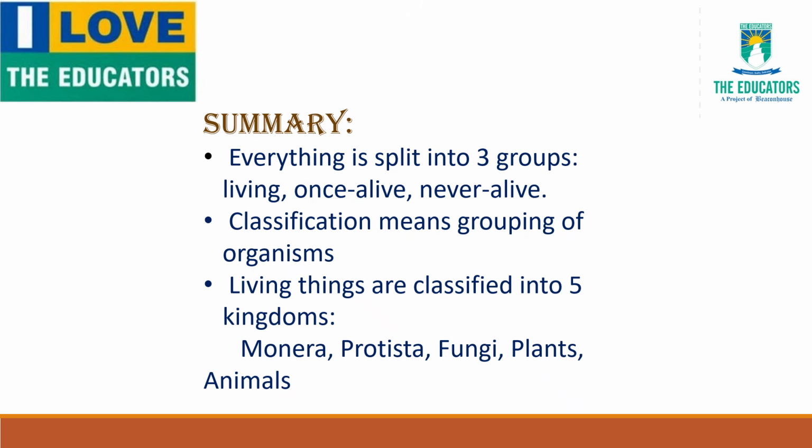Okay, that was our today's lesson. Hope you have understood the terms classification, kingdom, and the names of kingdoms. Here is the summary of our today's lesson. Everything is split into 3 groups: living, once alive, and never alive.